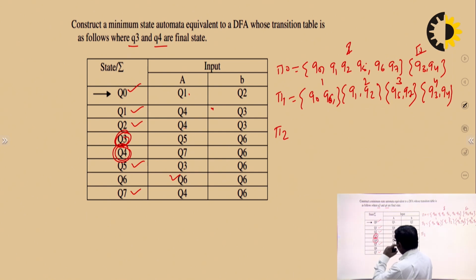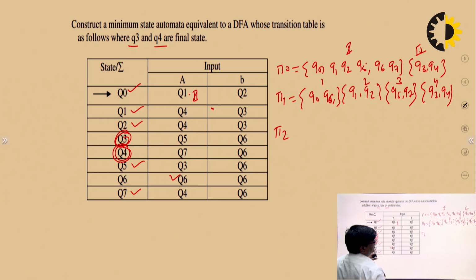Now Q0, Q6 again check. Q0 and Q6. Here is Q1. Q1 lies in set number 2 and Q6 lies in set number 1. It means Q0, Q1 again do not have a similar behavior.